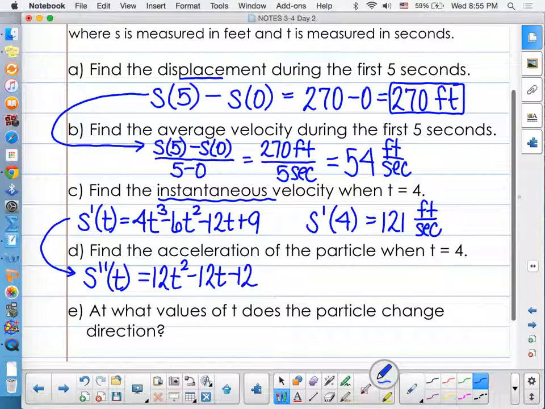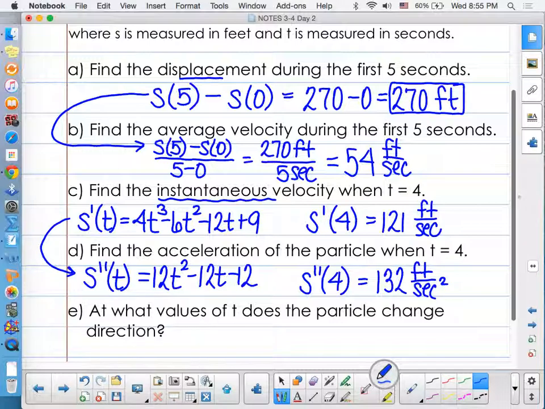Then it's asking at 4 seconds, what was the acceleration of the particle? So we're looking at using the second derivative at 4 seconds. When you plug 4 into that second derivative, you get 132 feet per second. Feet per second per second, so feet per second squared.